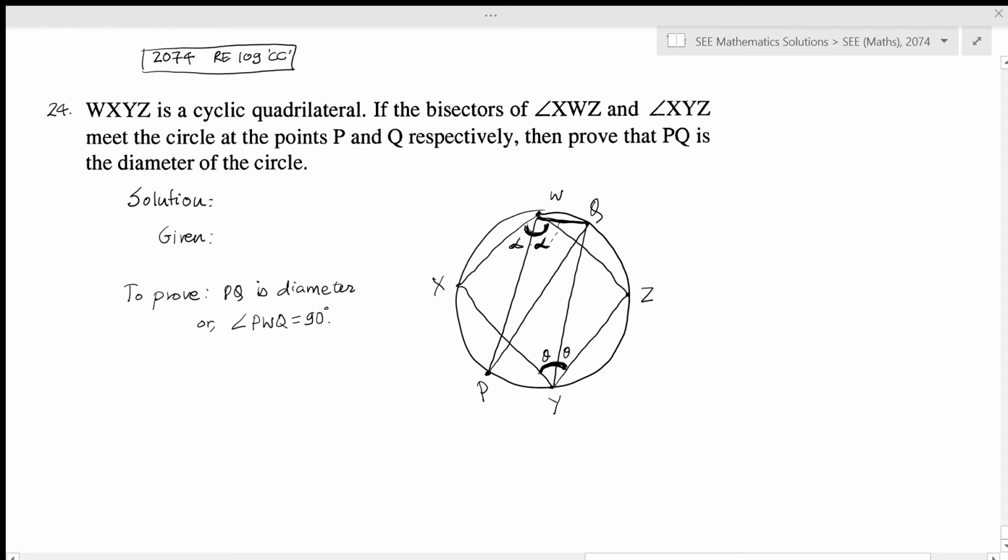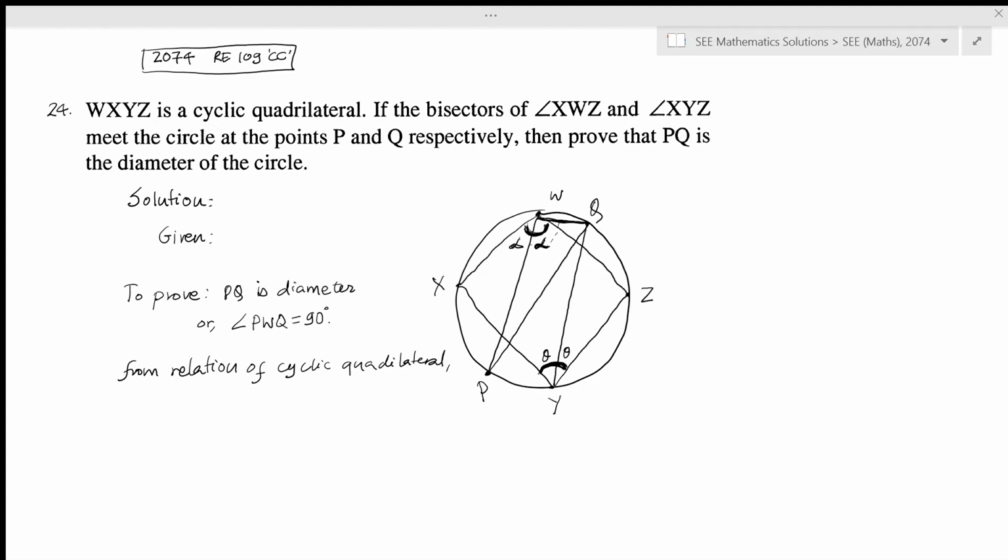From the relation of the cyclic quadrilateral, these two opposite angles when added should be equal to 180 degrees. We found out this relation, experimentally verified.